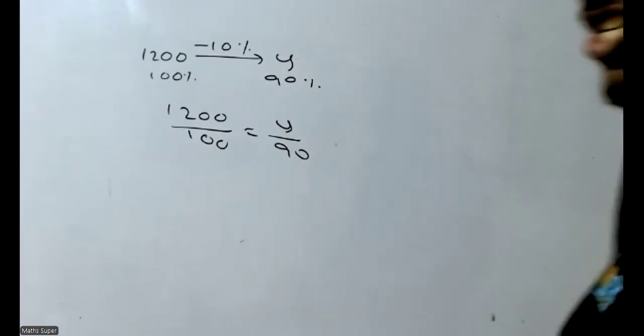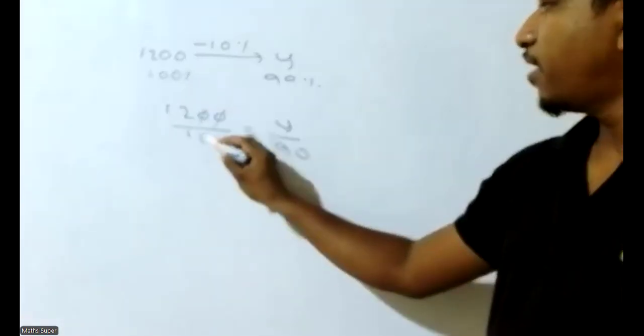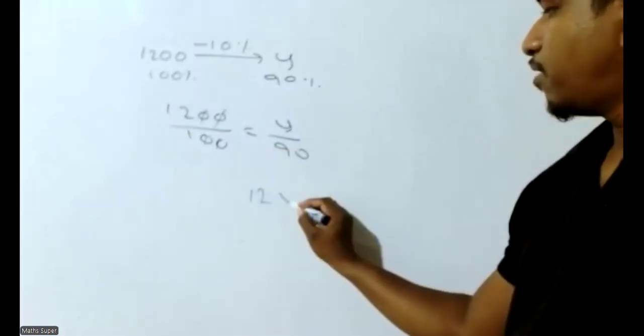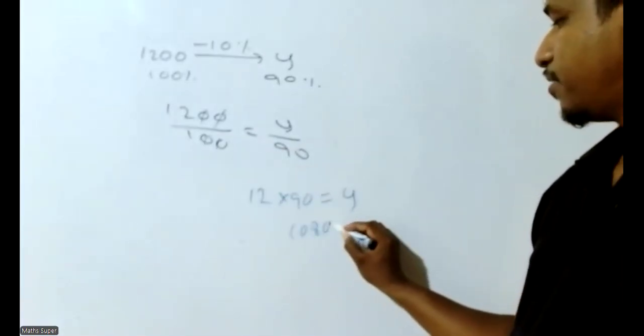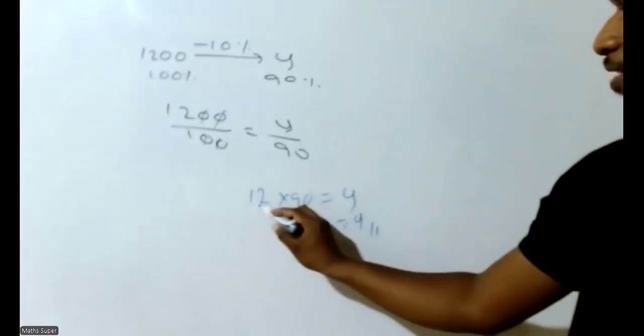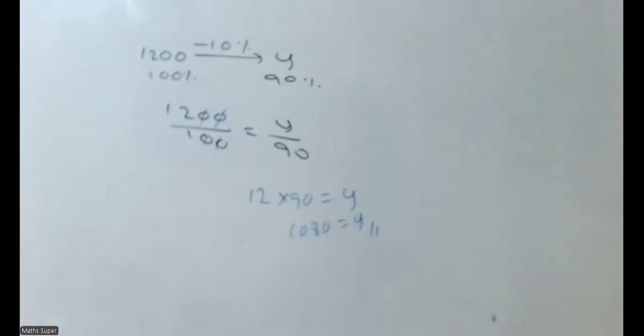Okay, so what to do with it? You have to do it. Then 12 multiplied by 90. So 12 into 90. Now is it okay with it? I think there's a simplification error, no?